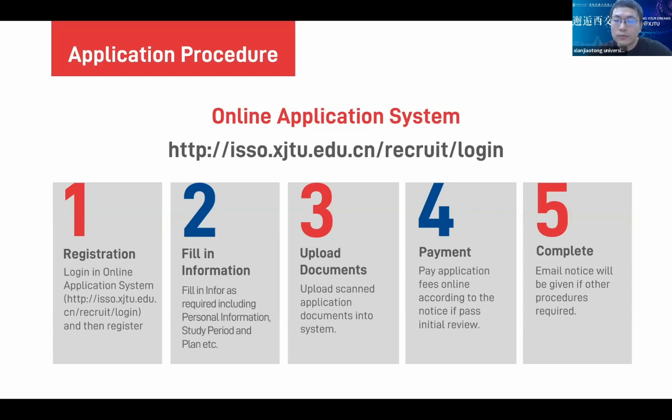The second step is to fill in your personal information, including your study plan and all the application information and maybe your family information. The third step is to upload all the necessary application documents I just mentioned. And the fourth step is to pay the application fee. And after that, your application will be completed. And we're going to contact you by system message as well as email for further evaluation or online interview.